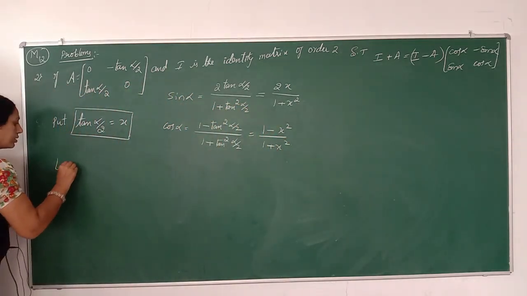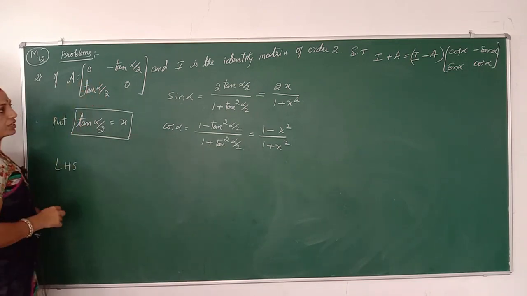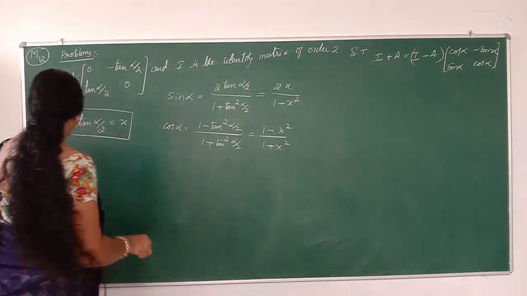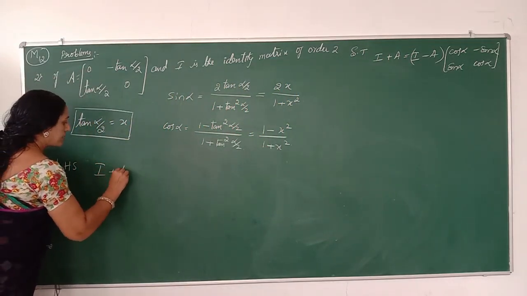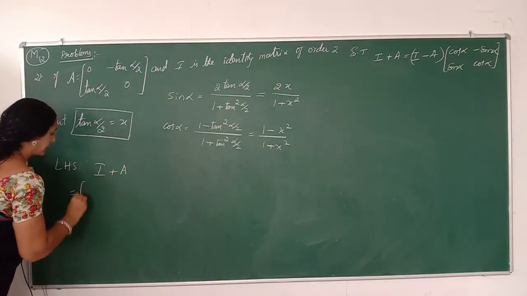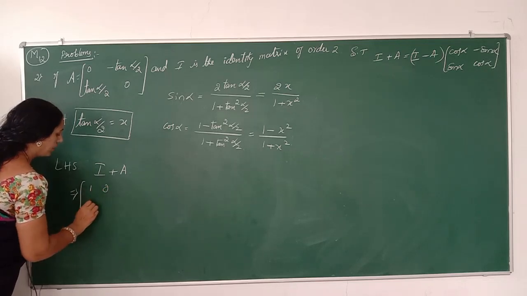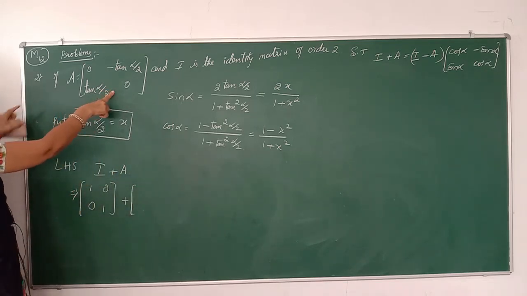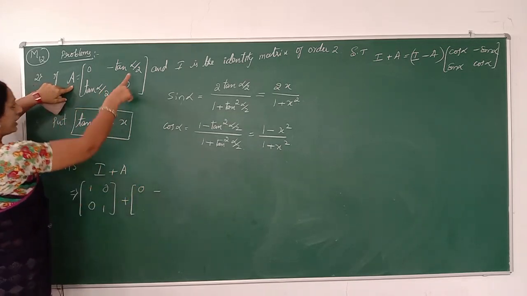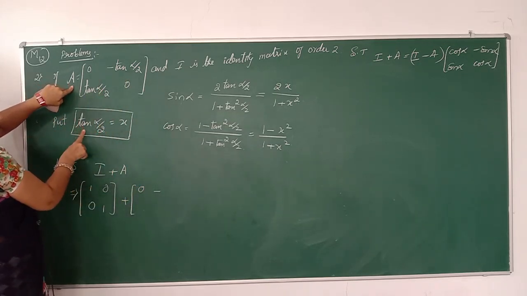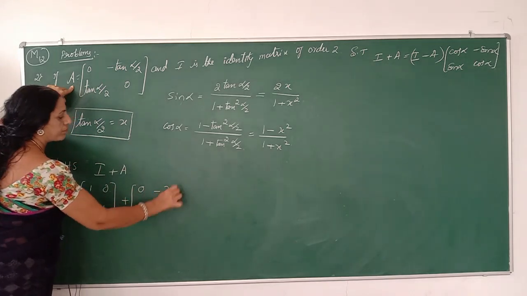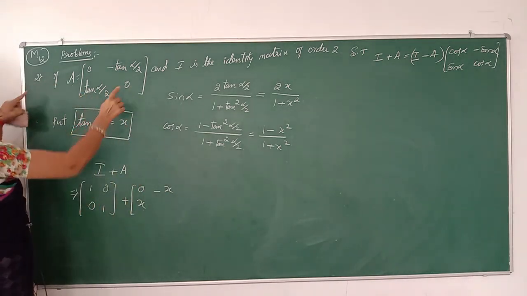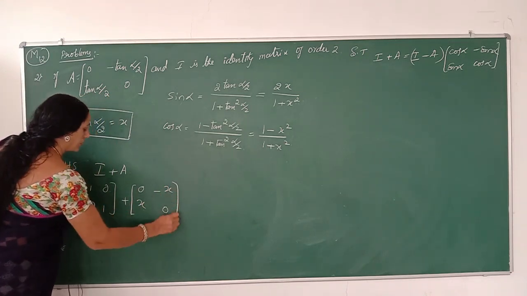So we will consider the LHS of the given statement. The LHS is nothing but I plus A. Elements of I are 1 0 0 1, plus elements of A are 0 minus tan alpha by 2, but tan alpha by 2 is denoted by x, 0.